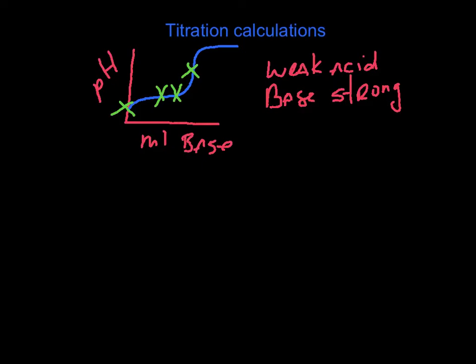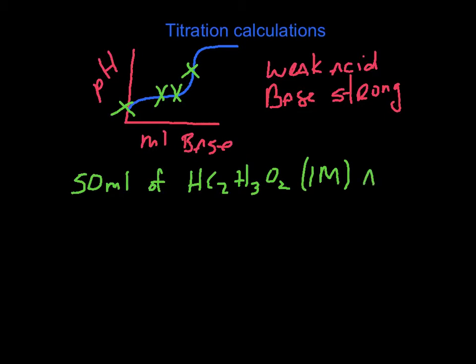So let's say I'm starting off with 50 milliliters of acetic acid, HC2H3O2. It's 1 molar in concentration. I'm going to add 1 molar NaOH in these amounts.